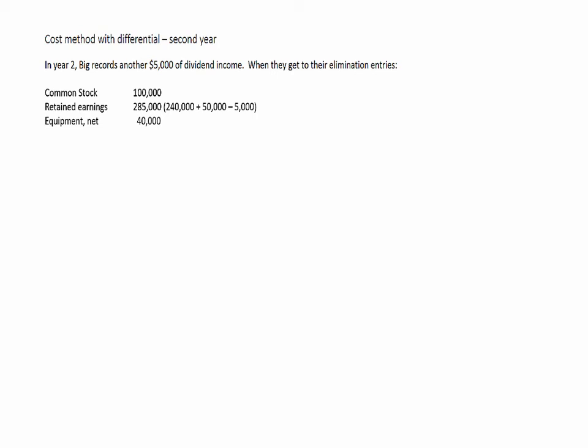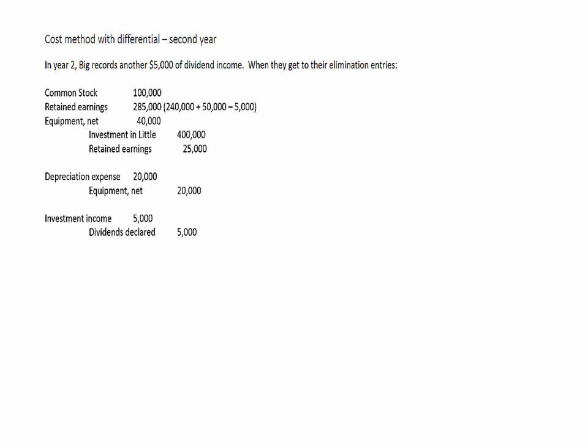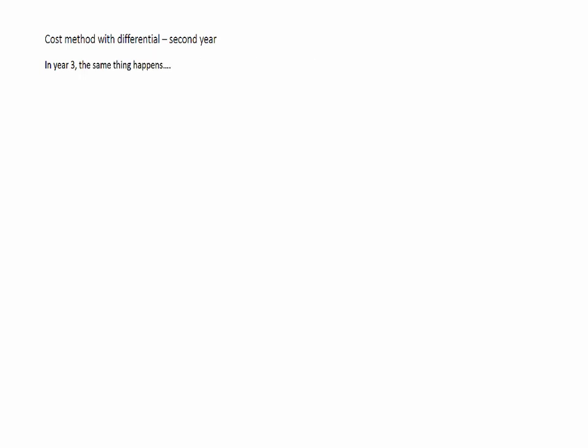So the beginning of year book value plus unamortized differential is $425,000. We close that against the parent's investment account, which is only $400,000. So there's $25,000 missing. That $25,000 is the adjustment to retained earnings to correct the parent's retained earnings account. We do another year's worth of amortization and another year's worth of eliminating the investment income against the dividends declared.